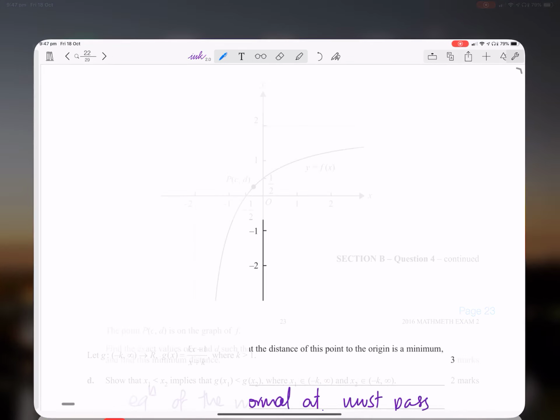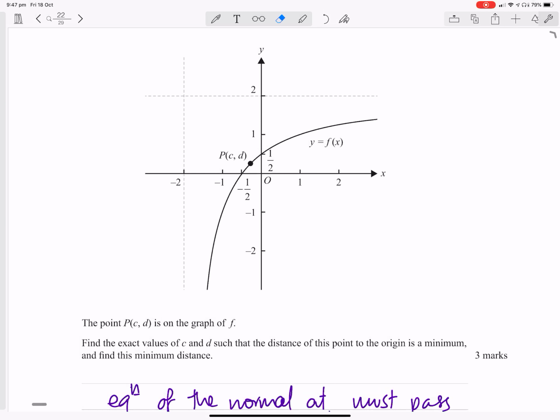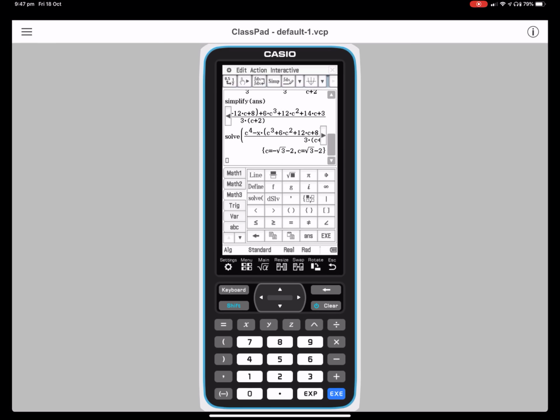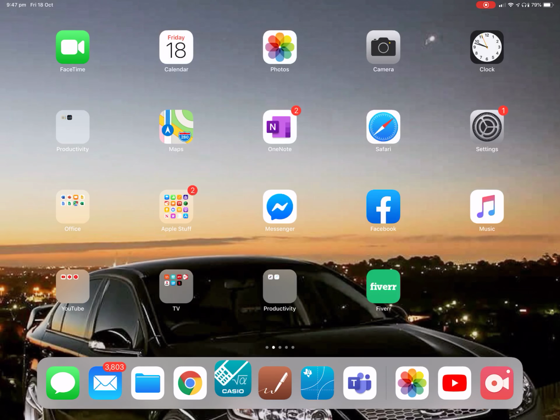That's negative. Yeah, because it's between negative a half and a half. So C is negative 2 plus or minus root 3.